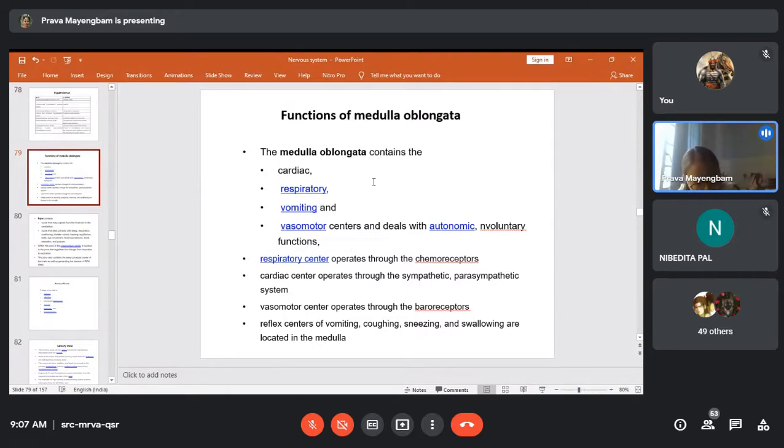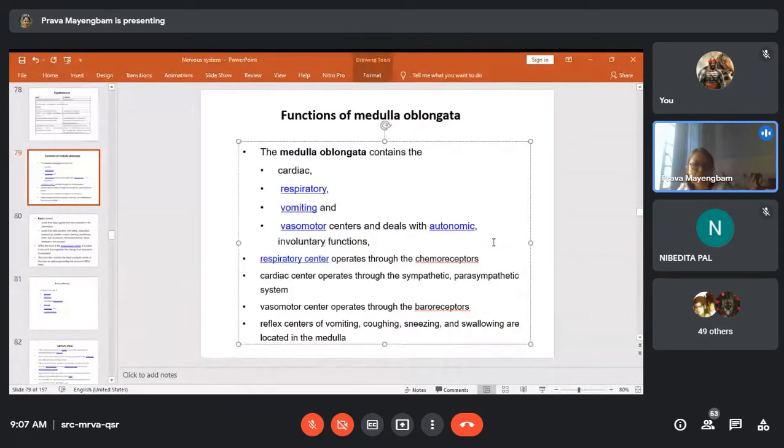They are also associated with the control of vomiting and the vasomotor center. So in the medulla oblongata there are the cardiac center, respiratory center, vomiting center, and vasomotor center. The medulla oblongata deals with autonomic, involuntary functions.